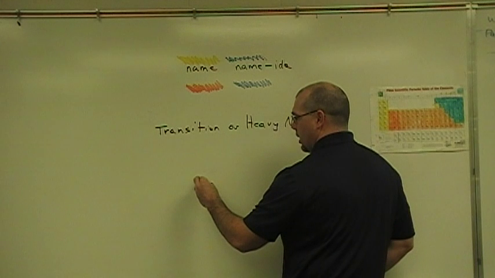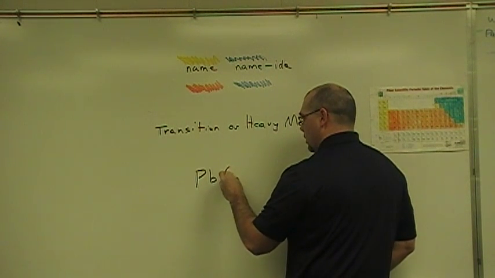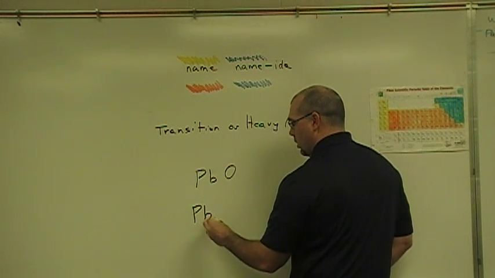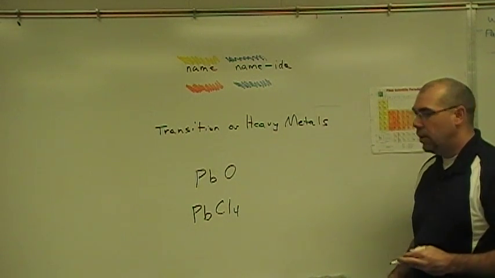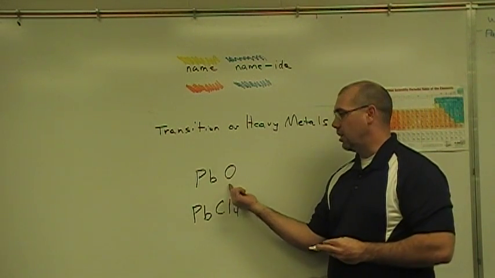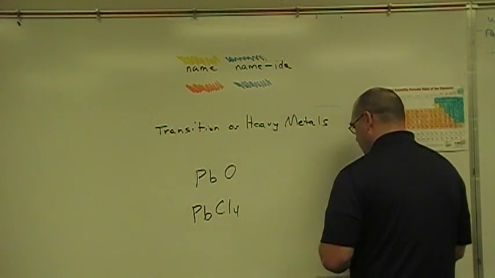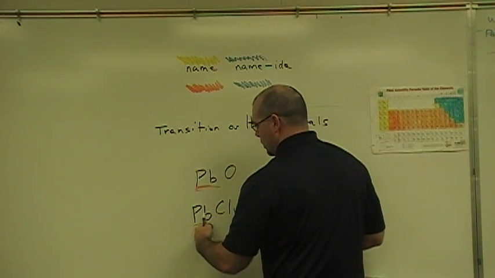Okay, so let's say we have this compound and we have this compound. We need to name both of them. So I know this is lead, I know this is oxide. I identify them. These are oranges.